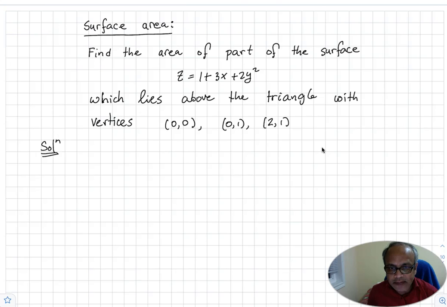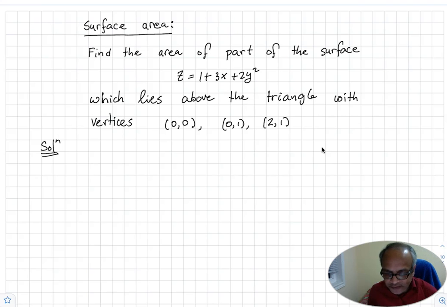And then we have a triangle given by three vertices, 3 points: (0, 0), (0, 1) and (2, 1). So you have to look at the surface from the triangle, a portion of the surface that is just above the triangle. That is what we want to calculate.